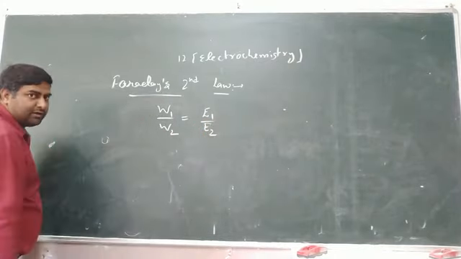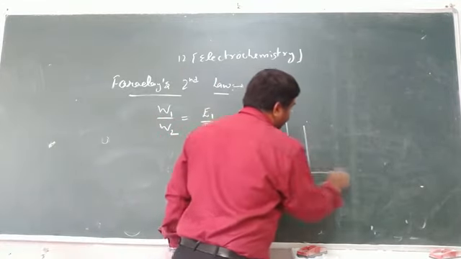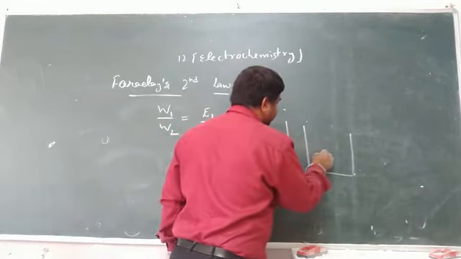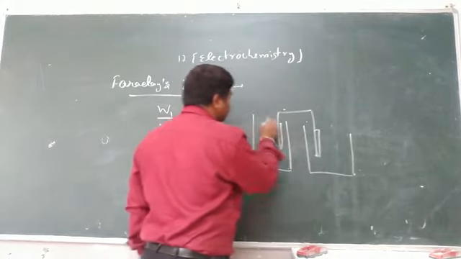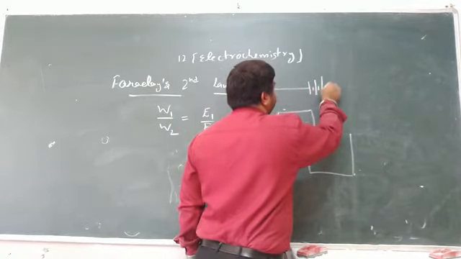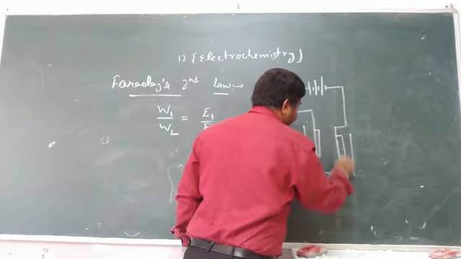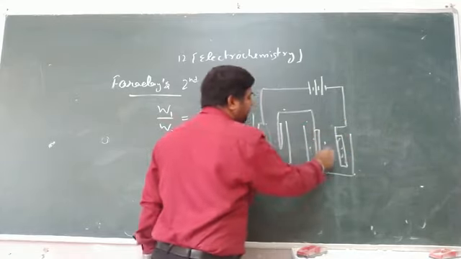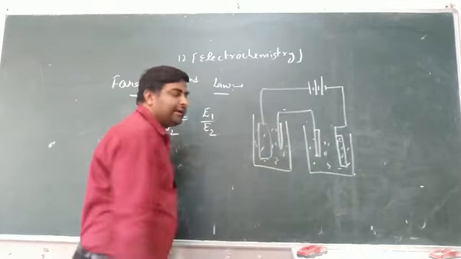It's very simple to identify. Let us consider we take two different electrolytic cells. These are two electrodes. Here we have one electrolyte and here we are taking the other electrolyte.